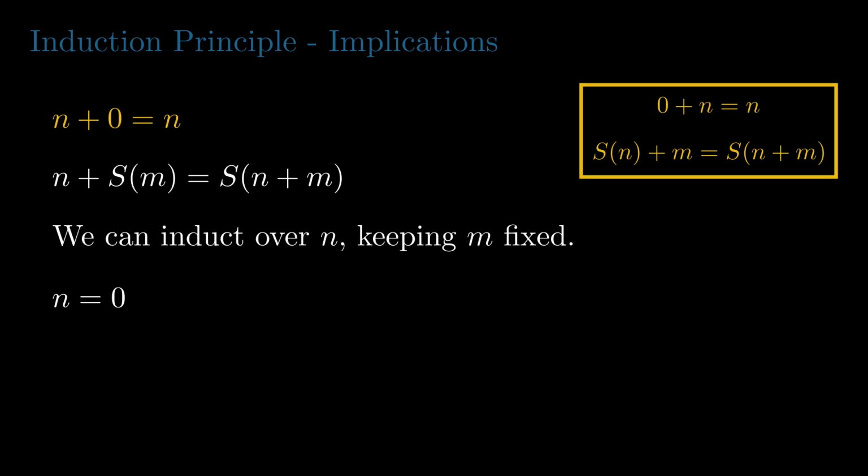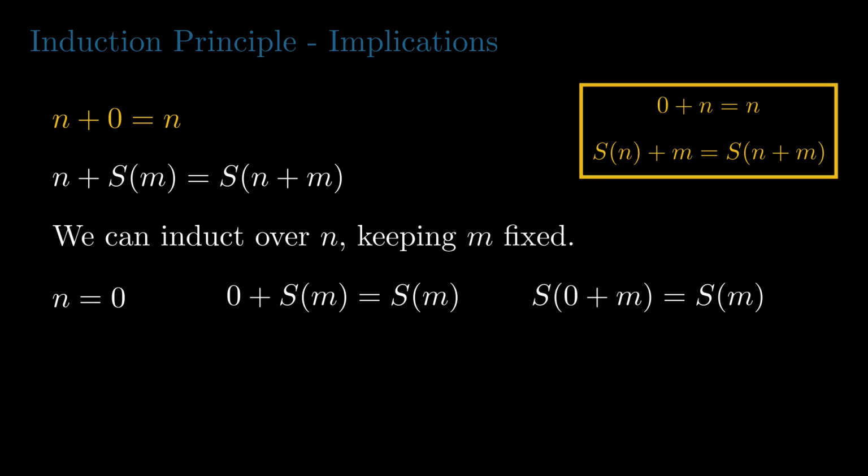In this case, the left part of the starting expression becomes 0 plus S of m, and it is known that 0 plus a number is that number. So 0 plus S of m equals S of m. On the other hand, the right part is instead S of (0 plus m), and for the same reason it is again S of m. Thus, the equality is true for n equals 0.